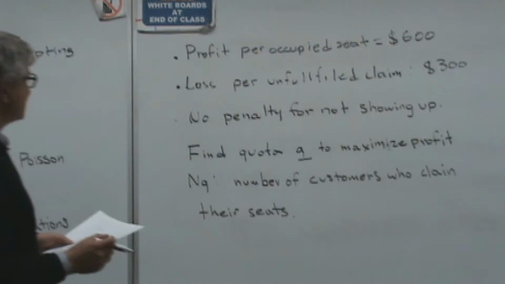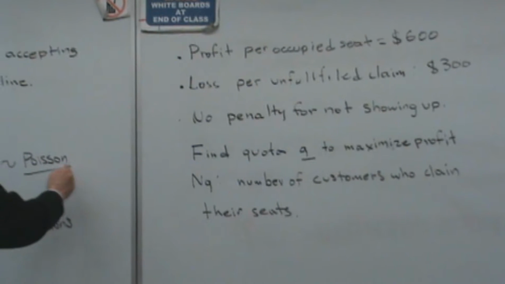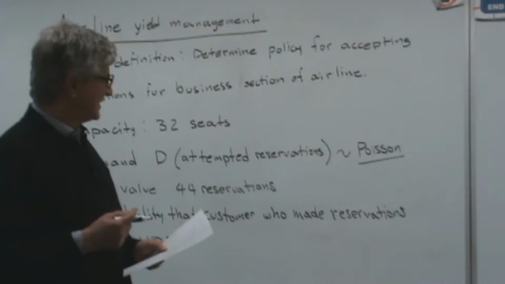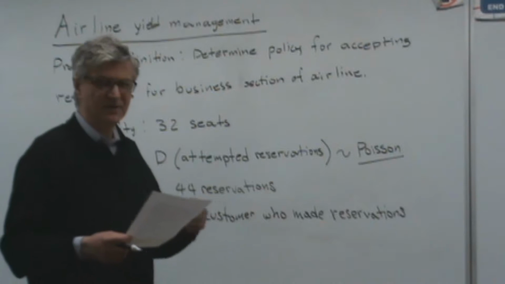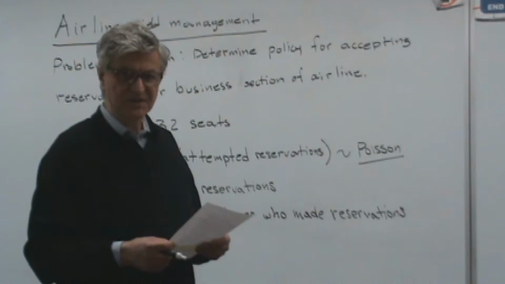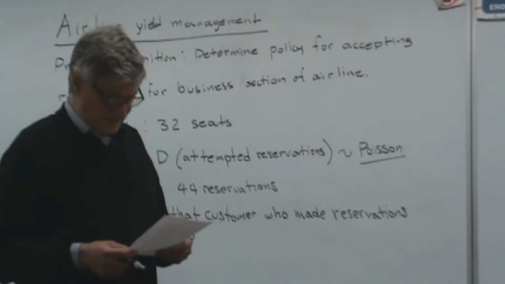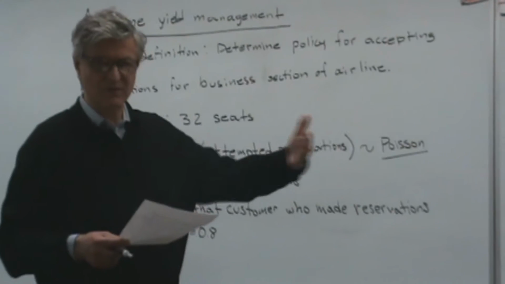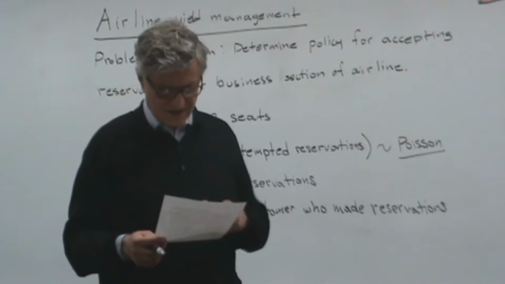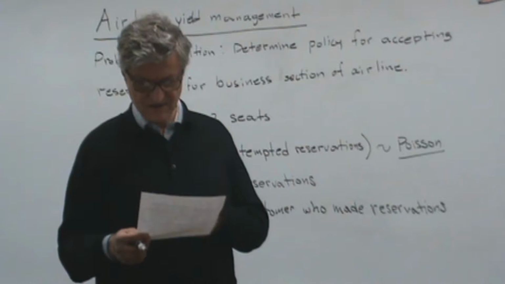Okay, just to explain the Poisson distribution, which is the distribution of the number of attempted reservations. The Poisson is a discrete distribution that models the number of random events that occur during a fixed period. Okay?